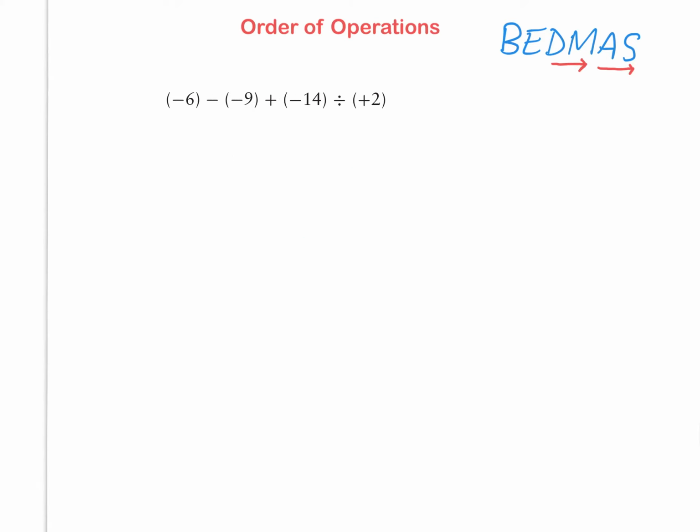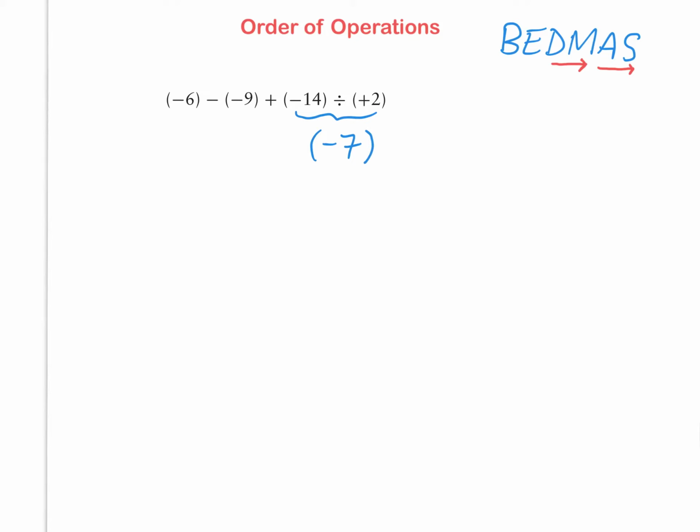Okay, the next example we're going to do is negative 6 minus negative 9 plus negative 14 divided by positive 2. A big mess here. We've got subtraction, addition, and division. BEDMAS tells us to get the division and multiplication out of the way first. So I'm going to look at negative 14 divided by positive 2. That's a negative divided by a positive, which is a negative answer, and we'll find that that is negative 7.